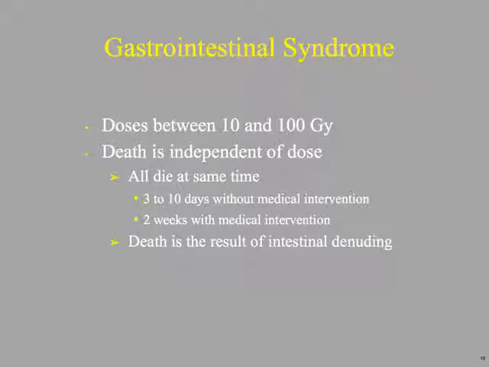Once we get to the GI syndrome, we can go back to talking about LD50-30 because anyone who receives this amount of dose will be dead within 30 days. So folks die more or less around the same time. We're talking 3 to 10 days without medical intervention, 2 weeks with medical intervention.